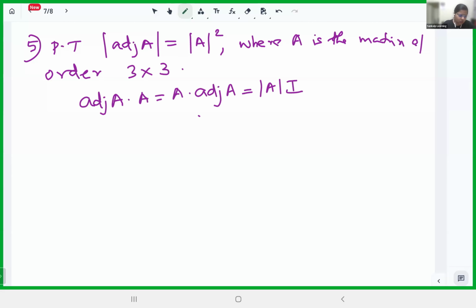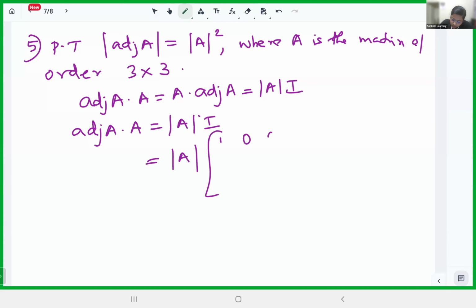So consider this part: adjoint of A into A is equal to determinant A into I. A is a 3 by 3 matrix, so the identity matrix you have to consider here is also a 3 by 3 identity matrix. So this is equal to determinant A into the matrix 1 0 0, 0 1 0, 0 0 1. This is a 3 by 3 identity matrix.